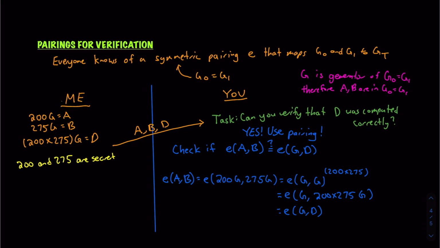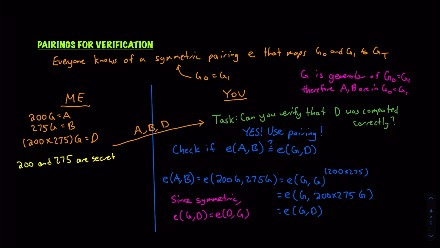So if E of A comma B equals E of G comma D, then we know that the calculation was done correctly. Note that I could have also used E of D comma G instead of E of G comma D, and check if it equals E of A comma B. It's a good exercise to work this out on your own. Because this is a symmetric pairing, the ordering doesn't matter in this case. E of D comma G equals E of G comma D, so either one works.